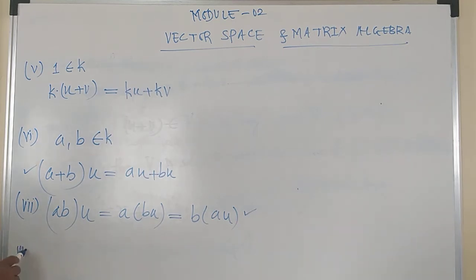And the last axiom to be followed by a particular set of vectors is, if there is a unit scalar 1 which belongs to the set of scalars k, and if the multiplication of this unit scalar into u is equal to u itself.